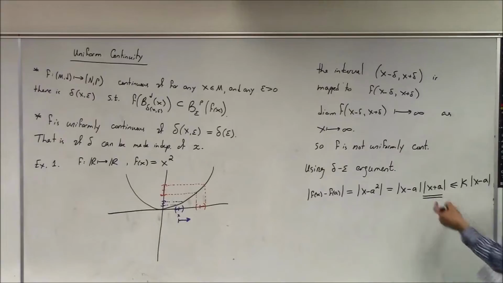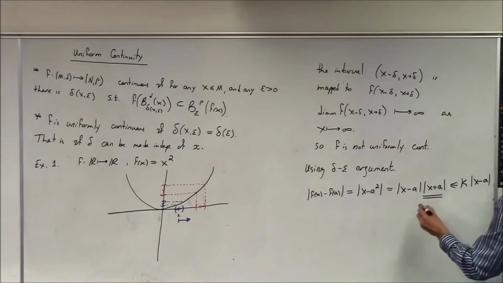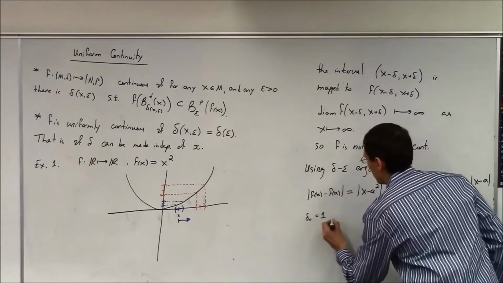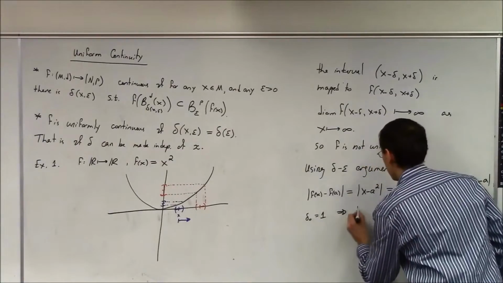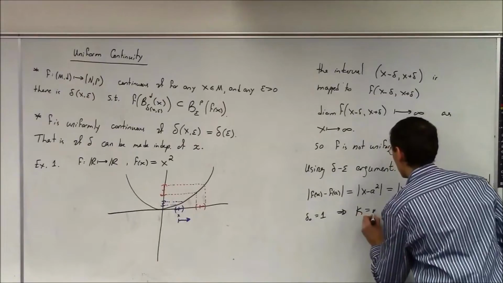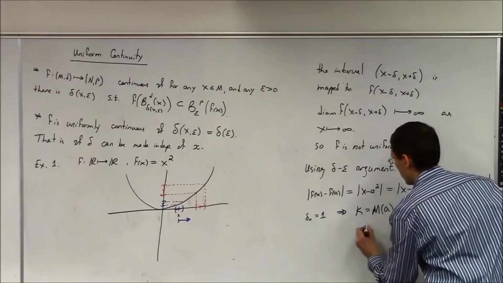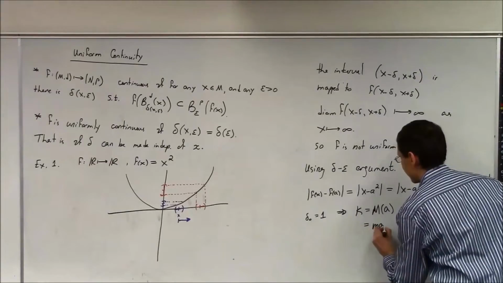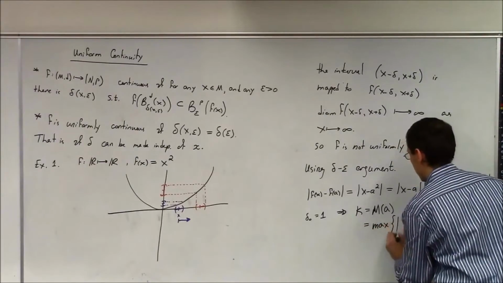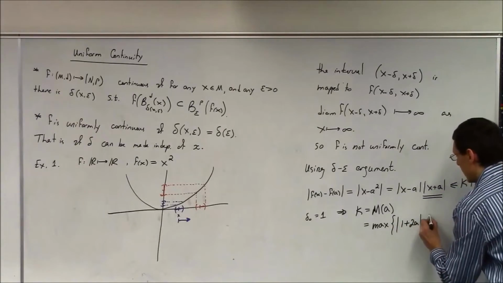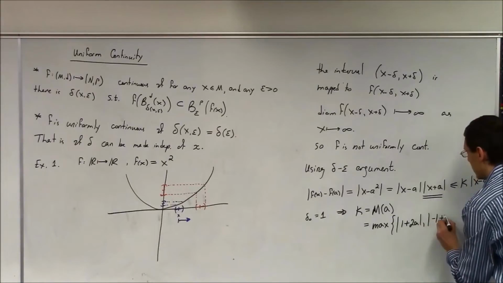And when I make it bounded by k, if you remember the argument for delta epsilon for quadratic functions like this, how would I make this k? I will specify initial delta naught equal to, say, 1. And then that will imply that k is equal to, let's call this m of a, where m of a is the max of 1 plus 2 times a, and the absolute value of minus 1 plus 2 times a.